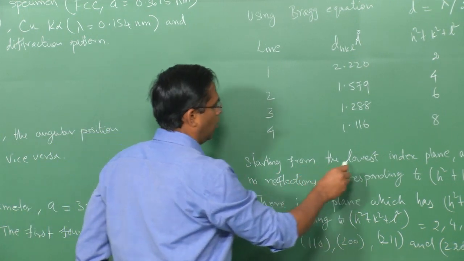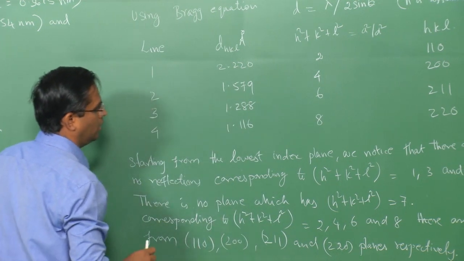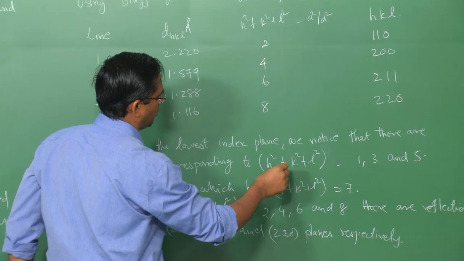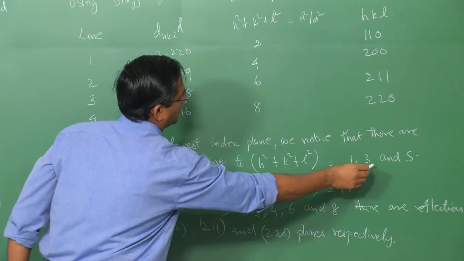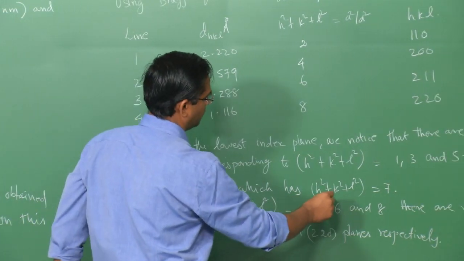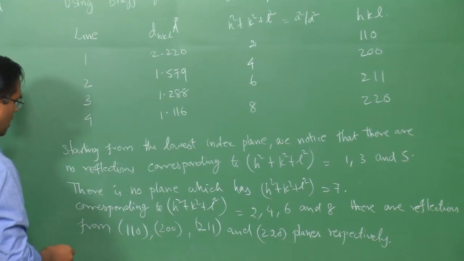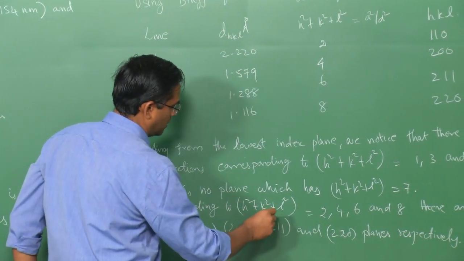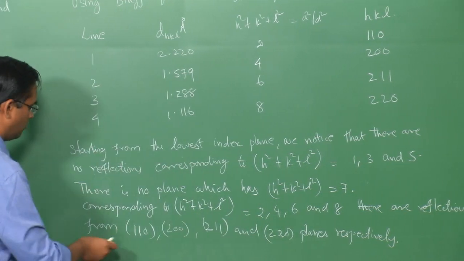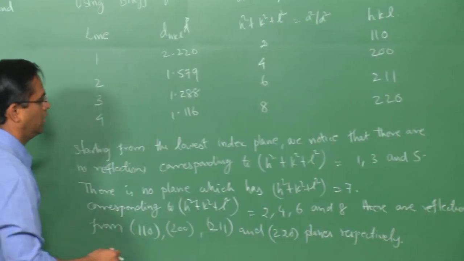Starting from the lowest index plane, that is 110, we notice that there are no reflections corresponding to h square plus k square plus l square equal to 1, 3 and 5. There is no plane with h square plus k square plus l square equal to 7 either. Corresponding to h square plus k square plus l square equal to 2, 4, 6 and 8, there are reflections from 110, 200, 211, 220 planes respectively.